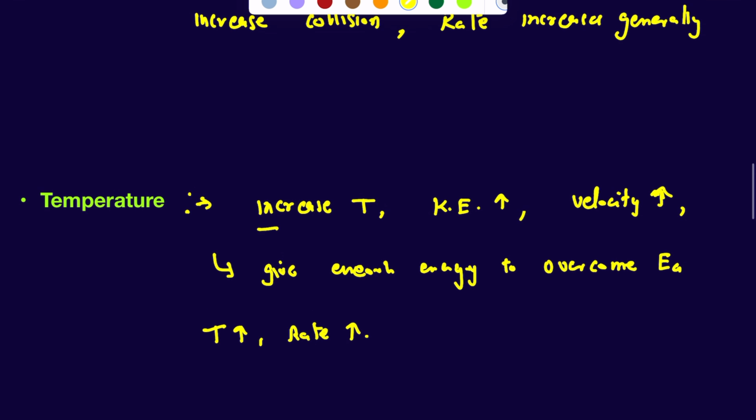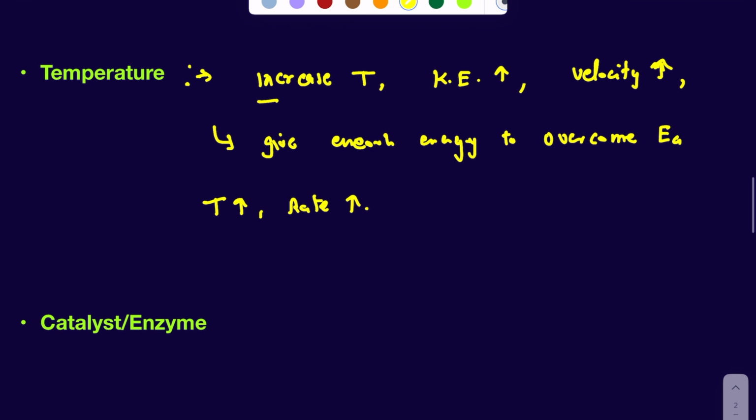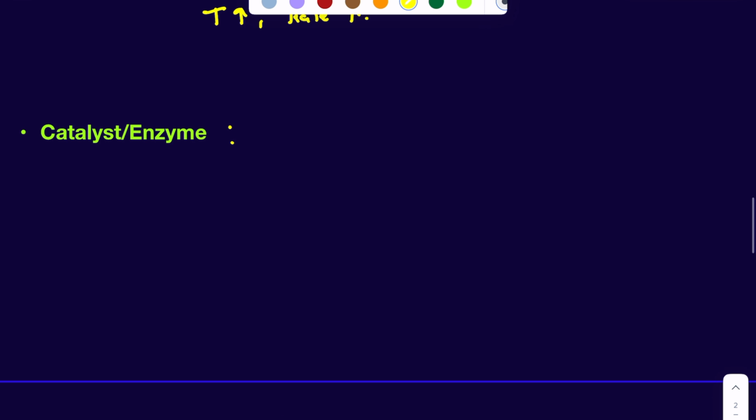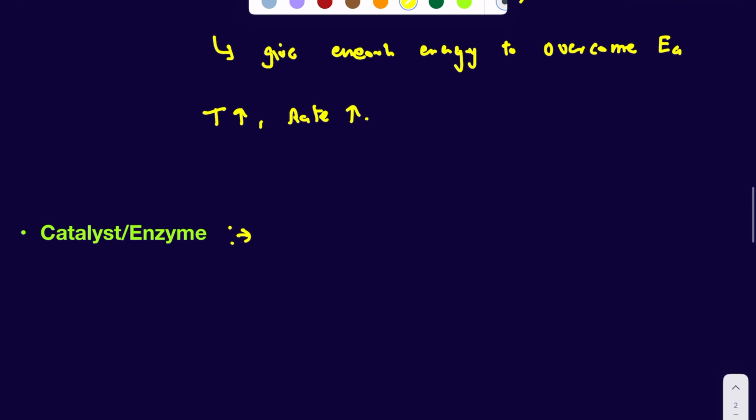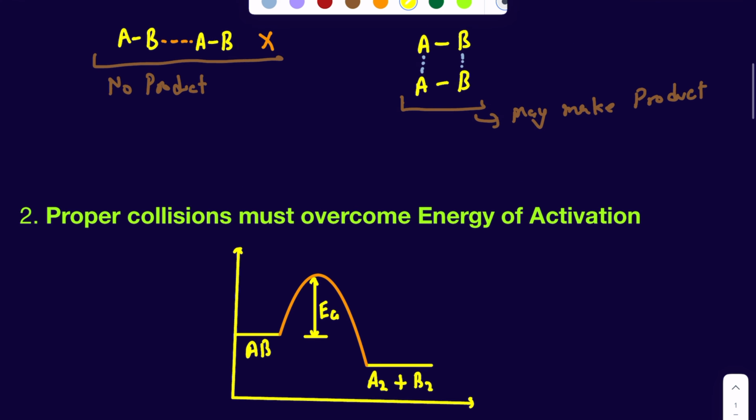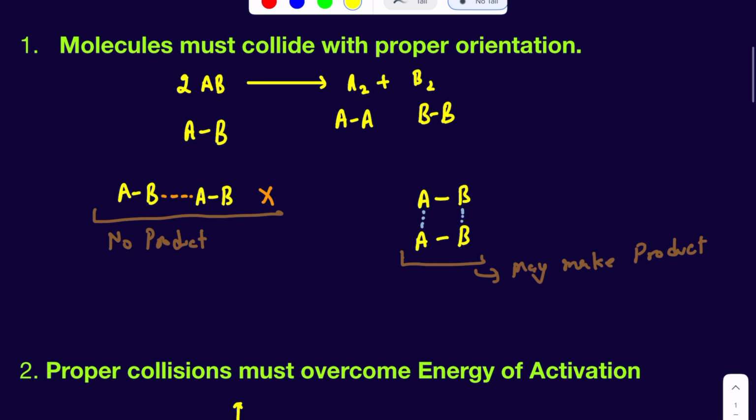The third factor that you can look at is the catalyst and the enzyme. Now, what I said earlier, if you go back here, is that the concentration will only help with the collisions. All right, so more concentration means more collisions, and that eventually means more collisions with proper orientation.